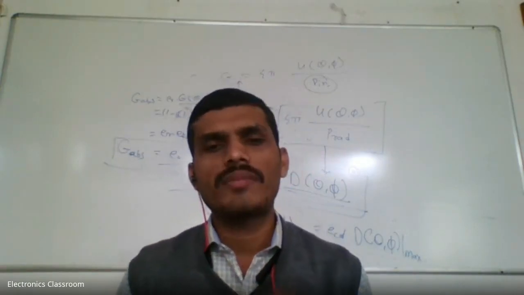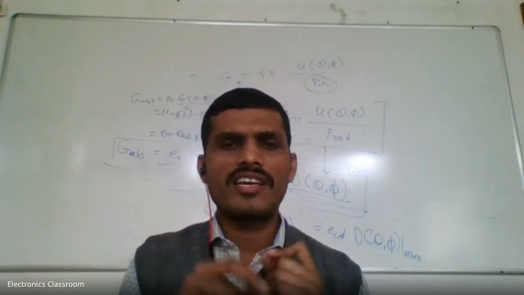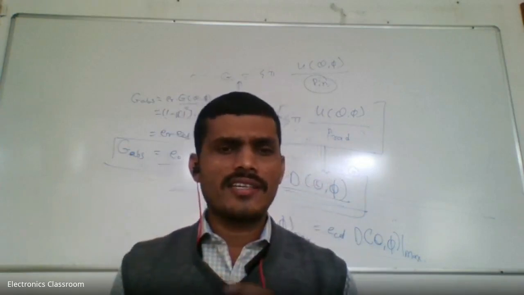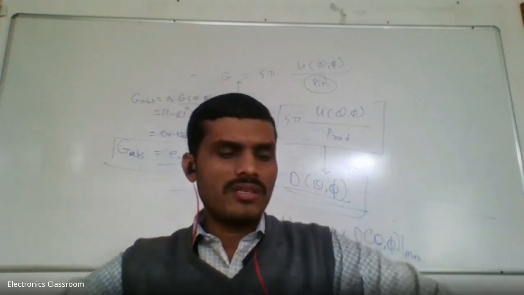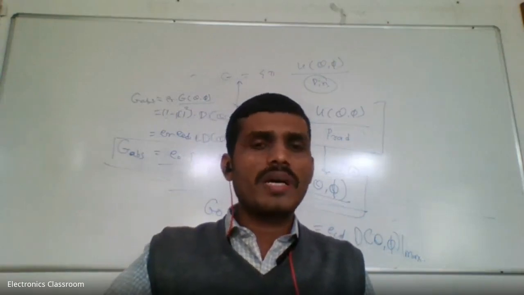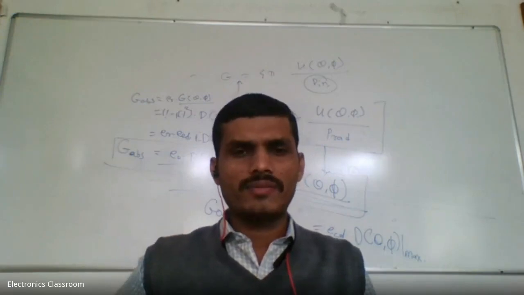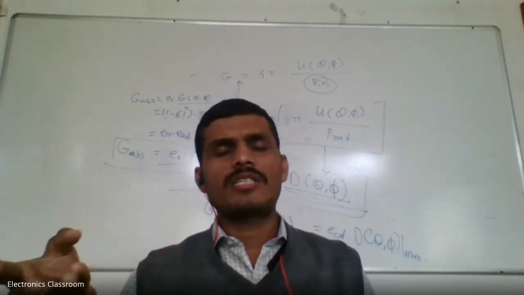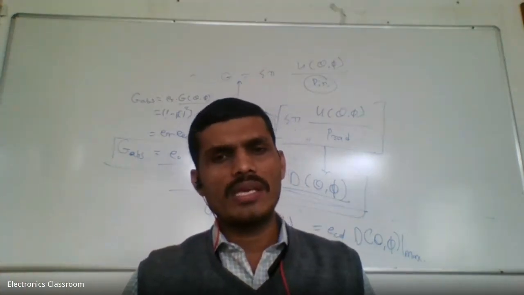And your G0 can be calculated by using G theta plus G phi. That is, your maximum gain has two different partial gains, G theta and G phi, for the two different components. And your G theta and G phi can be expressed by using 4 pi into U theta divided by P in.